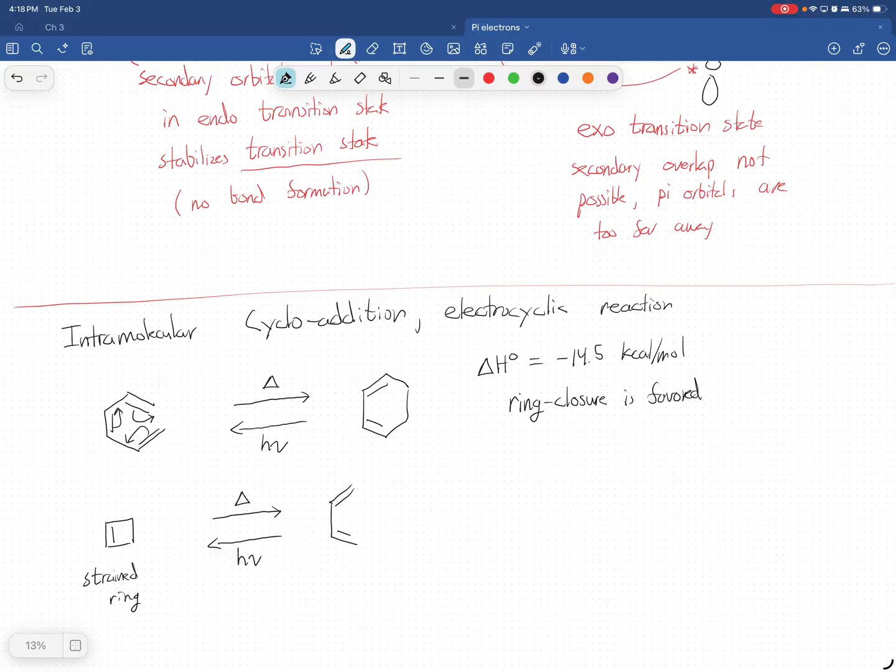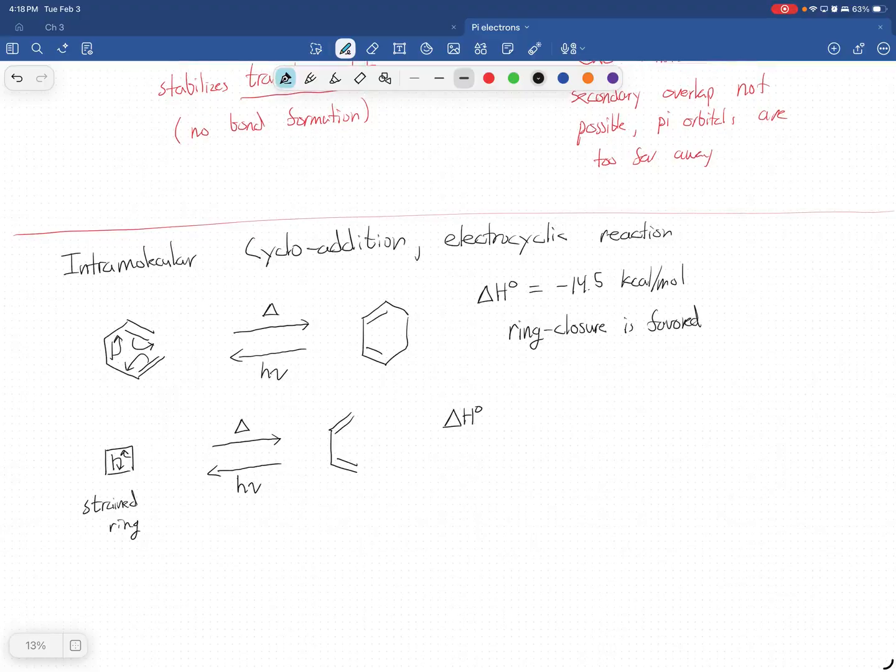So this ring can open quite readily. What happens here is you have two bonds moving to break the ring open, and you create a diene. So this is very favorable, 9.7 kcal per mole.